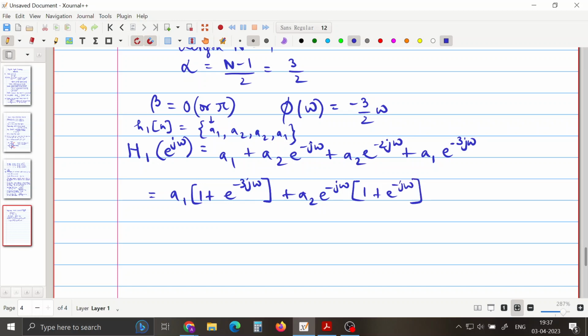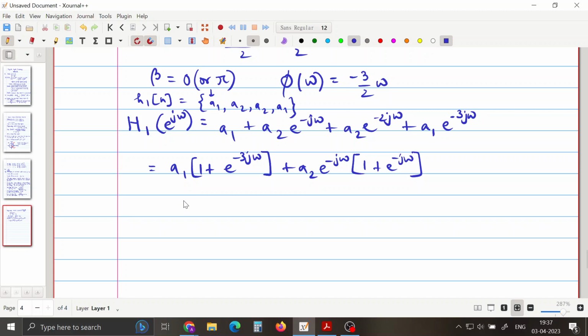Yes, we can write it like this. Now see the first term here, 1 plus e power minus 3j omega. Okay, so this is of the form 1 plus e power minus j omega whole cube, and 1 can also be written as 1 cube, so a cube plus b cube form, correct?